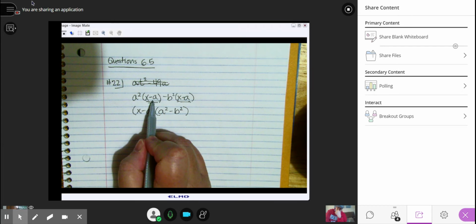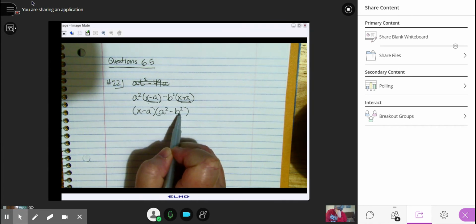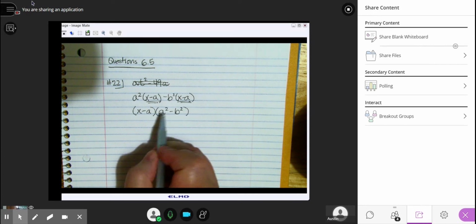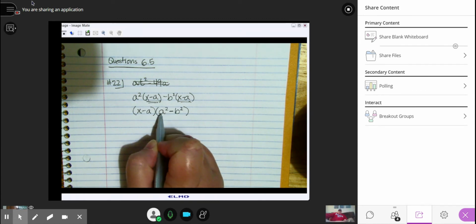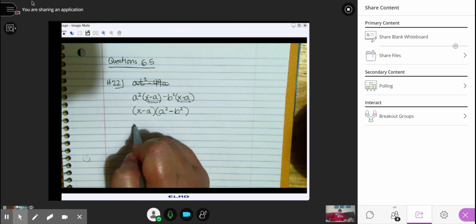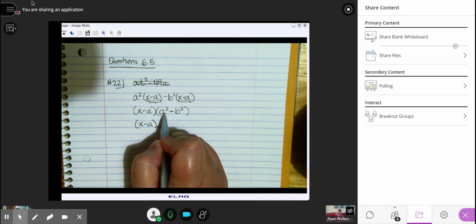That leaves me with an x minus A out front, and then an A squared minus B squared. Because this is two terms, and it's a difference of perfect squares, what can I do with the difference of perfect squares?